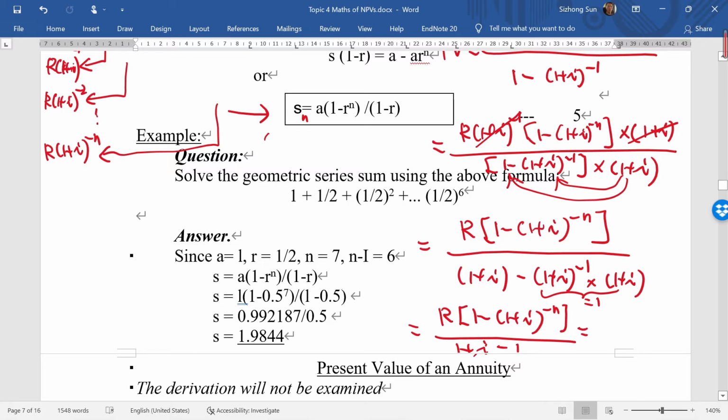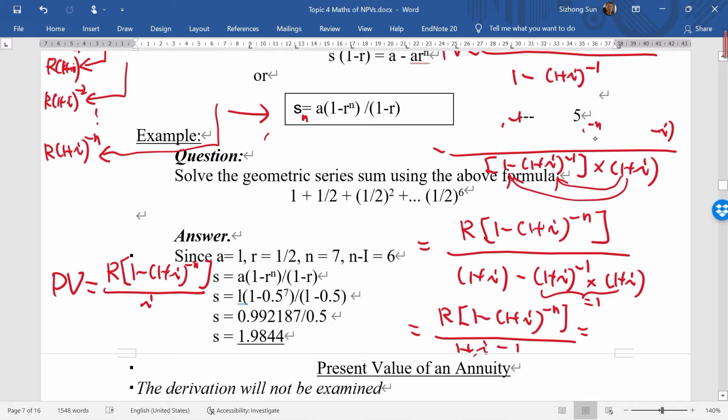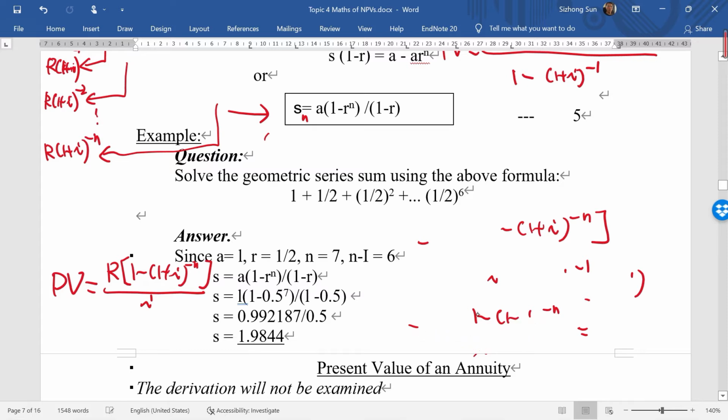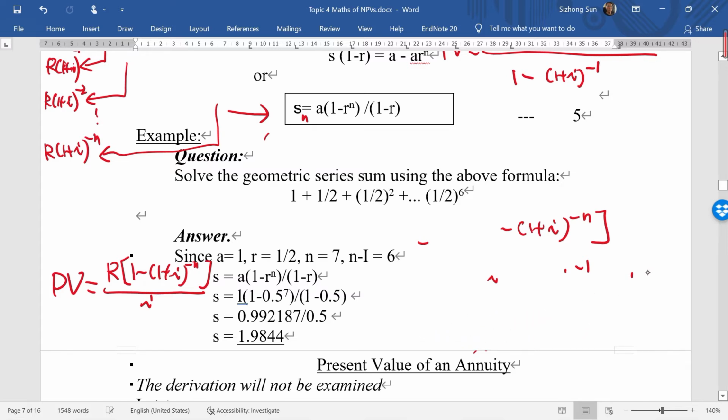So we get the formula. I'm going to write here: the present value of this annuity is R times (1 - (1 + i)^-n) divided by i. So let me erase some terms.